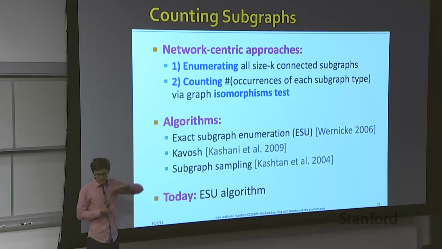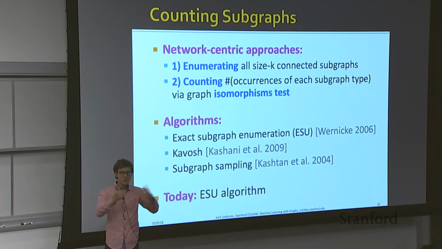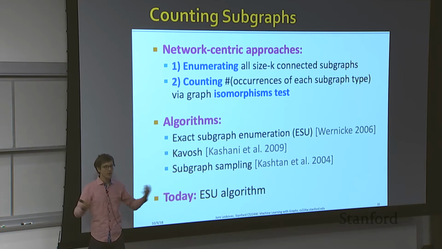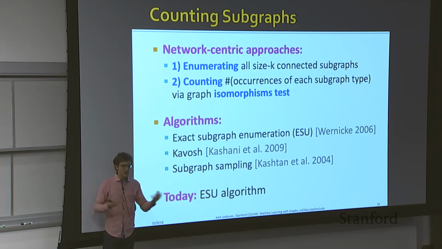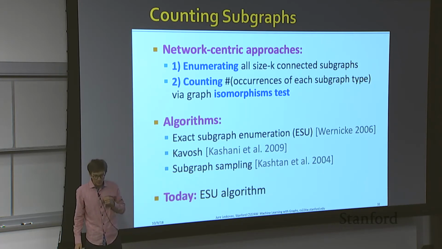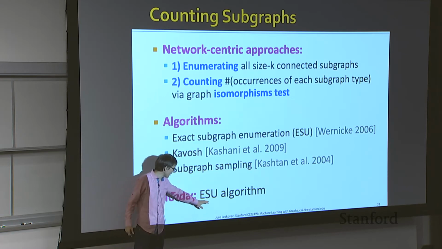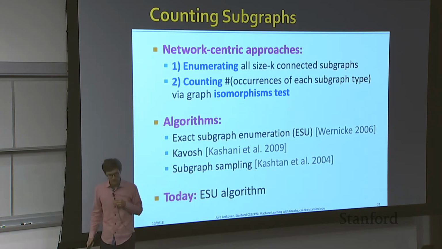What we want to do is enumerate, which basically means find all the instances, and once we have all the instances, we want to count, basically identify isomorphic instances and count all of them together. So this is what we are going to look at, and we will look at one algorithm that's called the ESU algorithm.